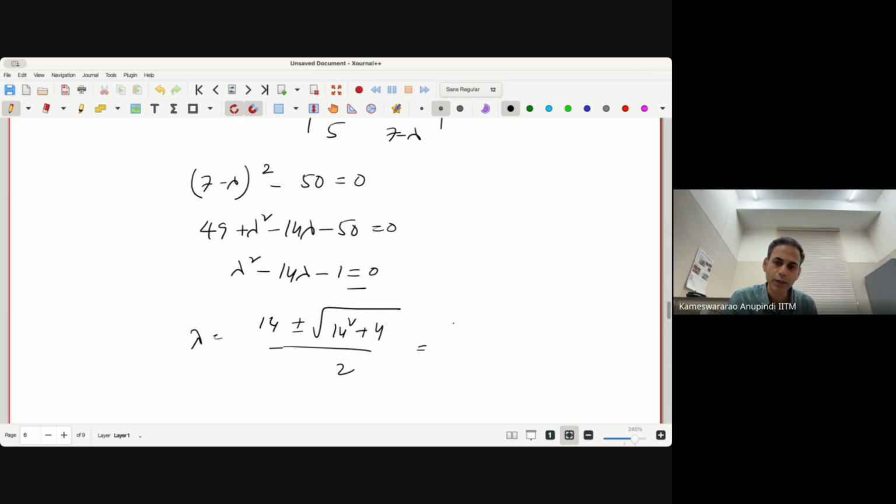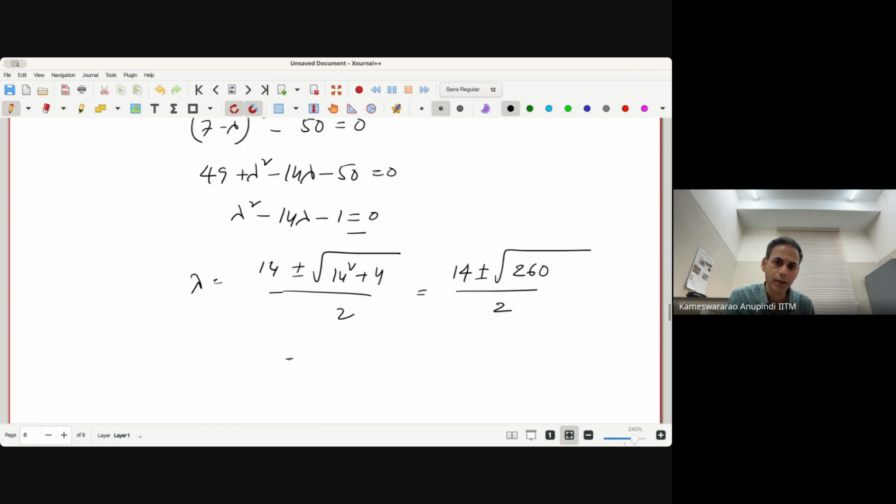We're going to get 14 plus or minus square root of 14 square plus 4. That is how much? 256 plus 4, 260, is it? I think it is 260 by 2.